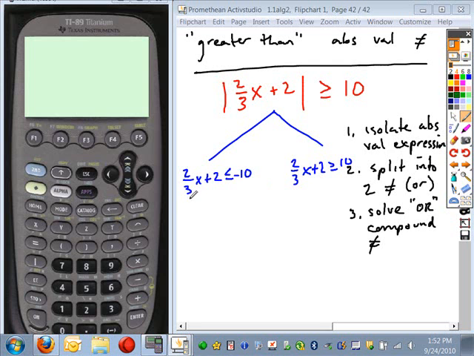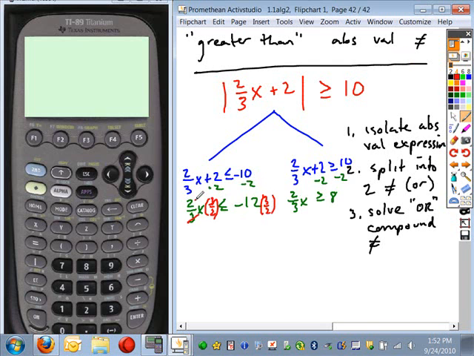Then just solve each of these independently. Again, we subtract a 2 from both sides, and then in each case, we can multiply by the reciprocal, 3/2, to get our x completely alone.